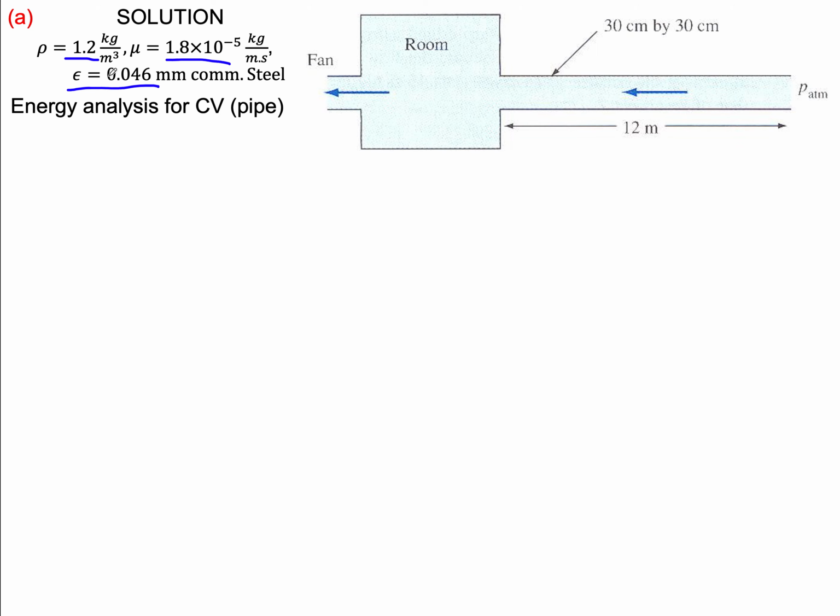So let's do an energetic analysis. So we need our control volume, inlet and outlet. It's best if I pick the pipe, just because I know my inlet and my outlet. At my inlet, I have the pressure being atmospheric. I don't know the velocity yet, but hold on.